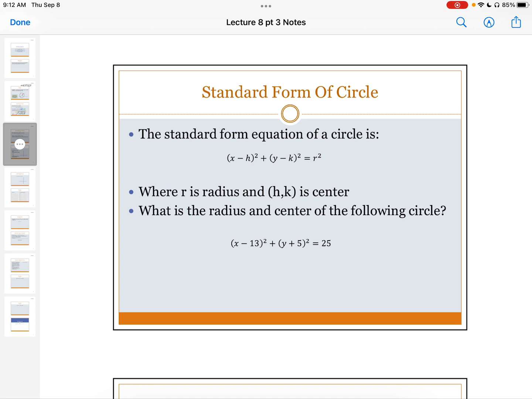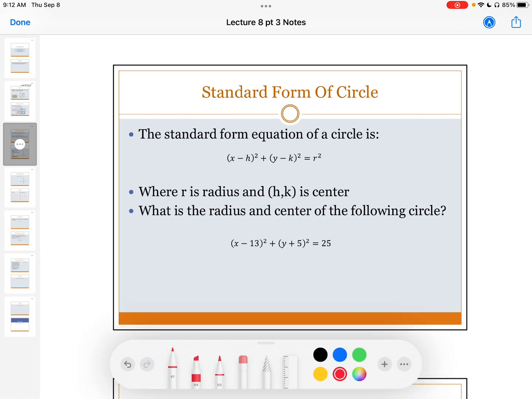Common incorrect answer that I get for the center is I get that your center is at negative 13, 5.